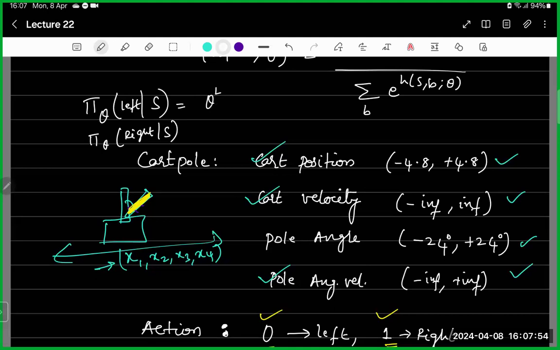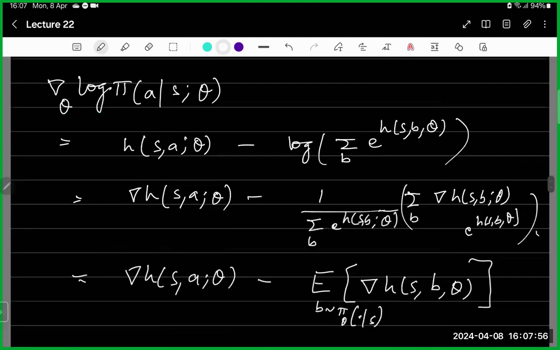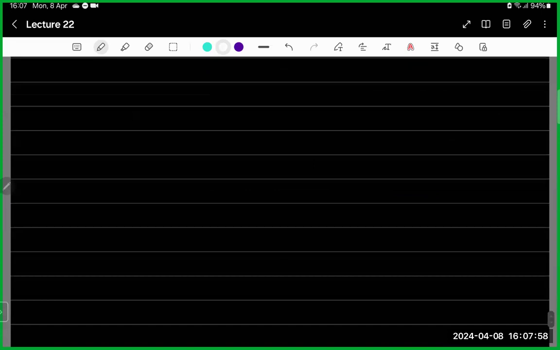I'll just call this h1. Maybe I'll write it neatly somewhere. So the probability, let's say, of taking left given your state vector h. Okay, I can, for example, write like this.